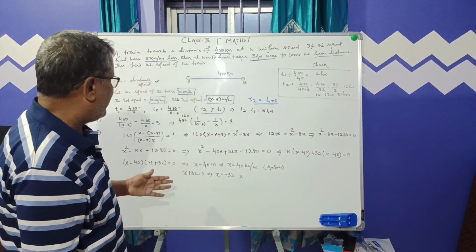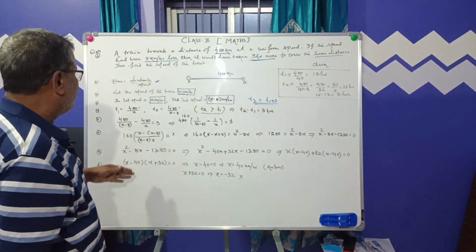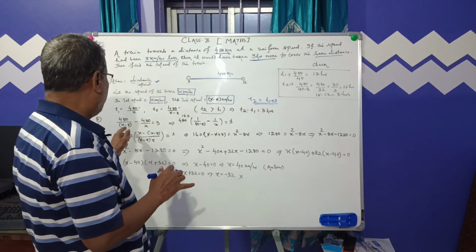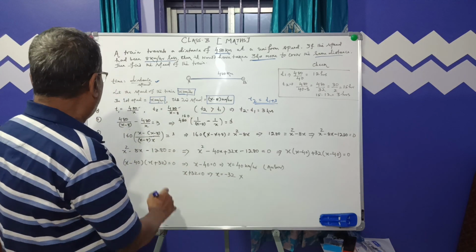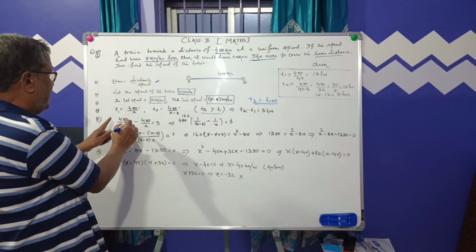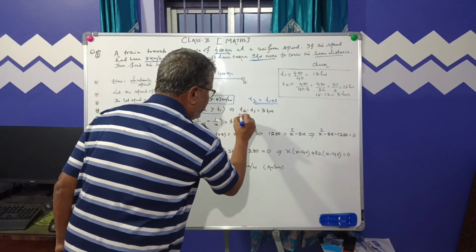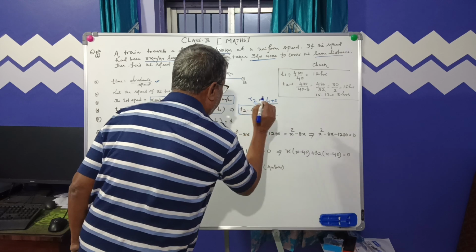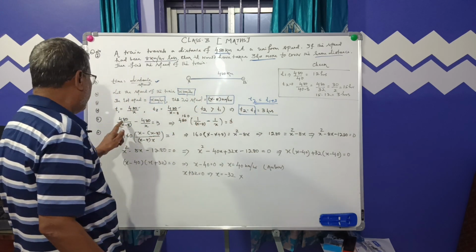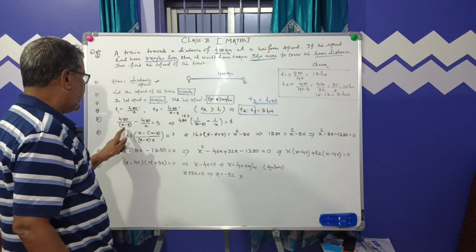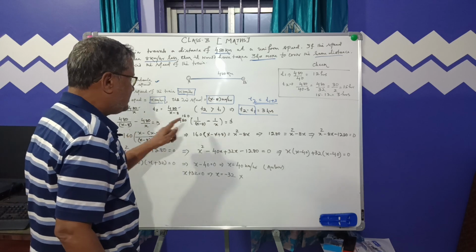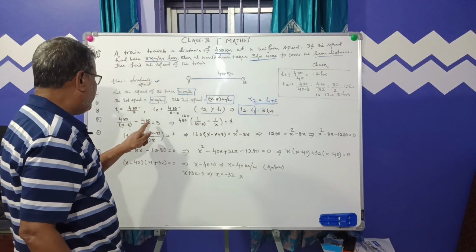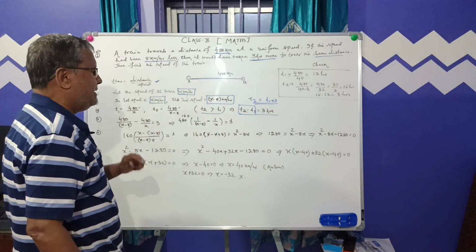Now apply this in the formula. This is the LHS and this is the RHS. So T2 means 480 by x minus 8, minus T1, which is 480 by x, is equal to 3.